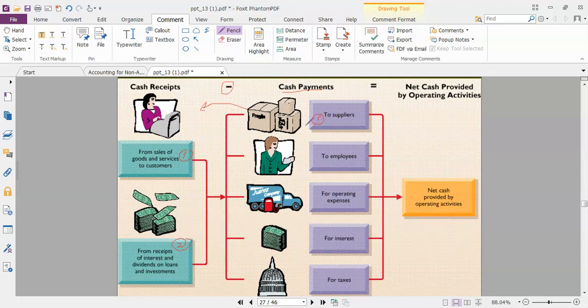Number two is employees. In the company they must have employees, so the company should pay the employees' salaries. Then the third one is operating expenses.